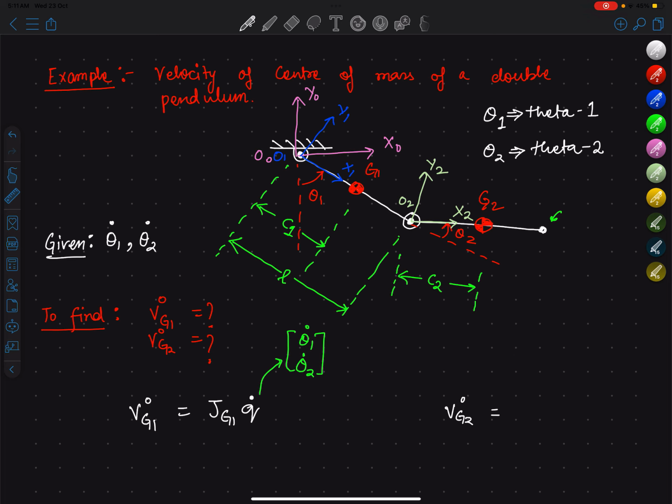Vg2 naught equals Jg2 q dot. All right, now to find the velocities, what we need to find is only the Jacobian, right? Because if we know the Jacobian, we just multiply it with q dot, and we'll get the velocities. Okay, so let's start finding Jg1.